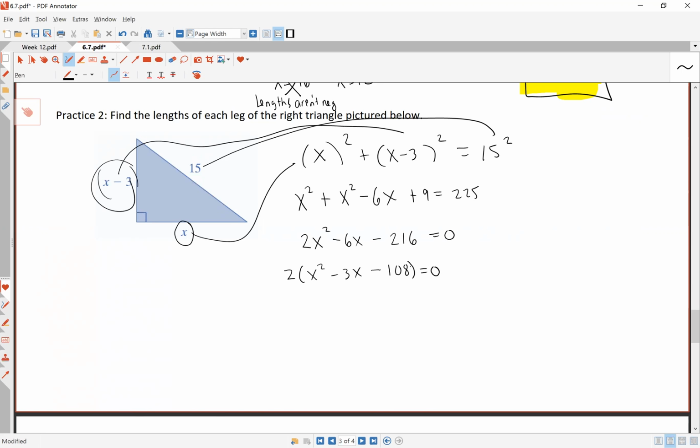X squared minus 3x minus 108. To get negative 108 and a negative 3, we've got 9 and negative 12. So we get x plus 9 and x minus 12. Divide both sides by 2.